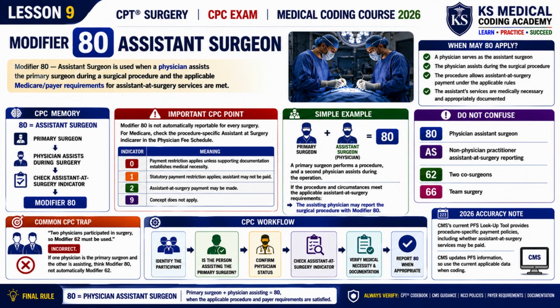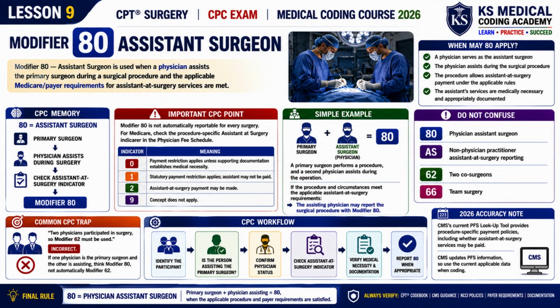Here's the common CPC trap. Two physicians participated in surgery, so modifier 62 must be used. That's incorrect. If one physician is the primary surgeon and the other is assisting, think modifier 80, not automatically modifier 62. Your CPC workflow is: identify the participant, determine their role, confirm physician status, check the assistant at surgery indicator, verify documentation, report 80 when appropriate.